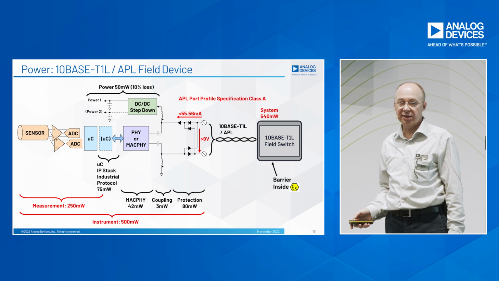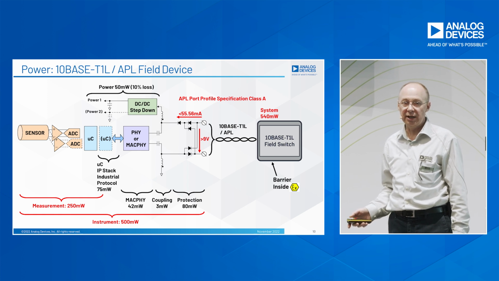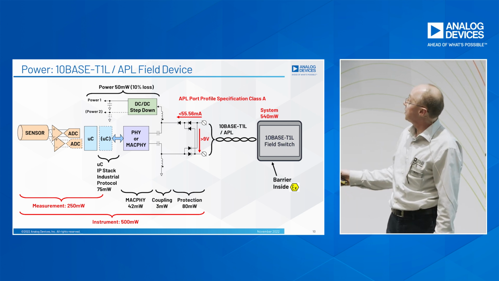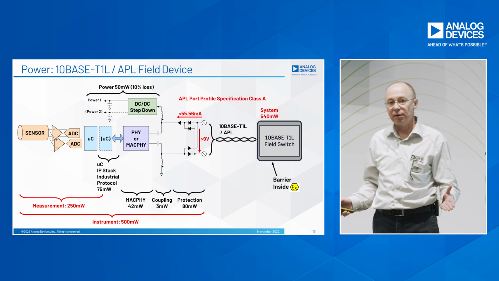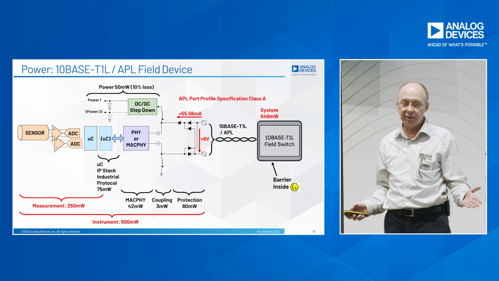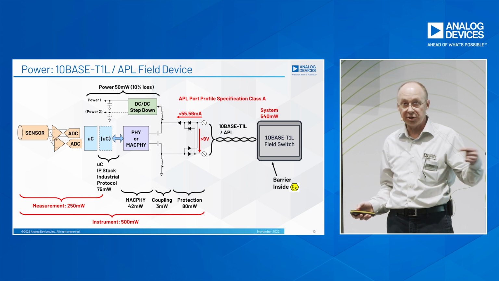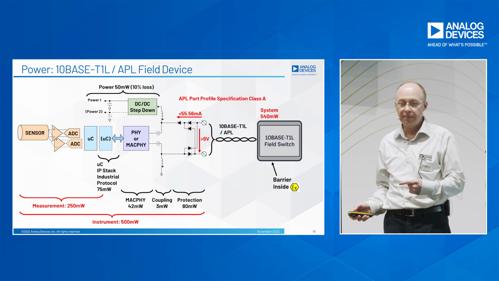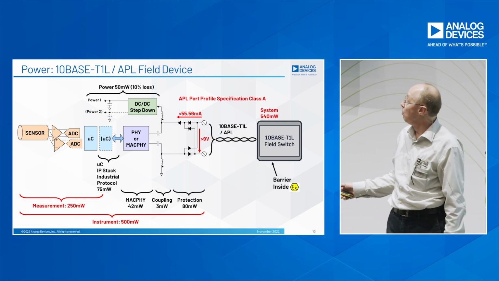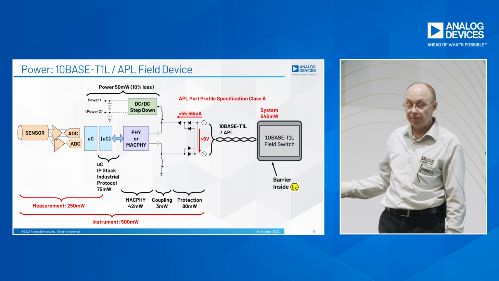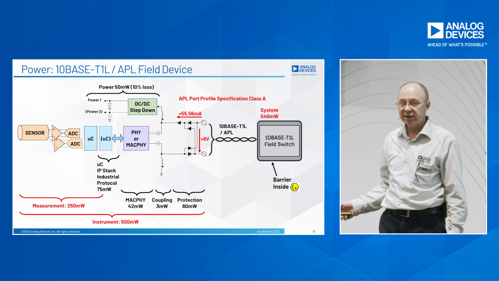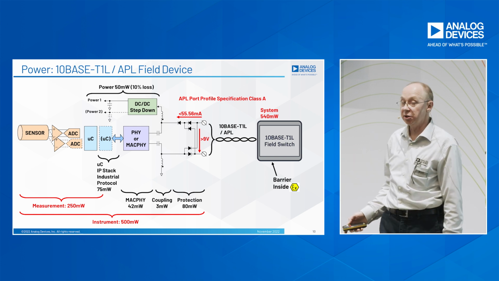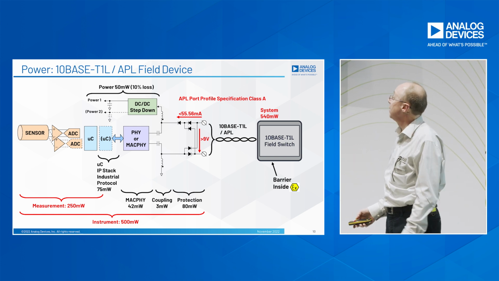So it's about 10 times more than we had in the 4-20 milliamp loops, which means we can build more sophisticated sensors, and we can maybe transfer more sensors that previously on the 4-20 milliamp loops would need external power supply, couldn't live from the 4-20 milliamp loop. So we can transfer more sensors to the two-line single pair communication because we have more power available. So that's the power aspect of the design.